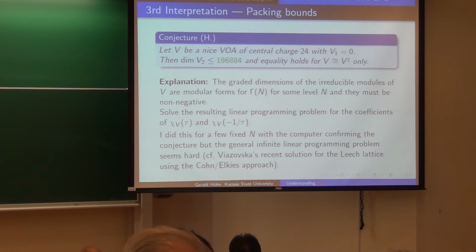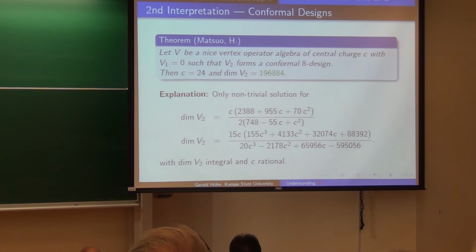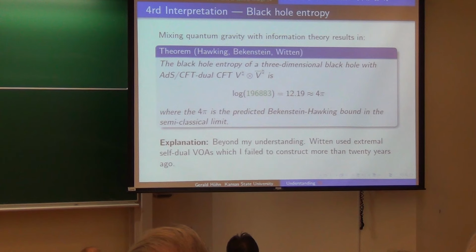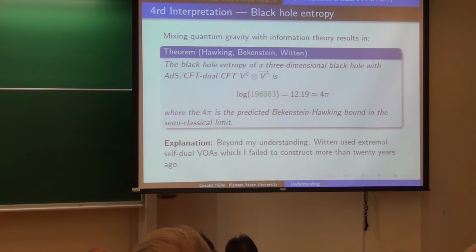Okay, let me come to the fourth interpretation, and that's maybe the most mysterious of all. It was Witten who had the idea that one can use vertex operator algebras, using the AdS-CFT correspondence, to construct three-dimensional black holes.